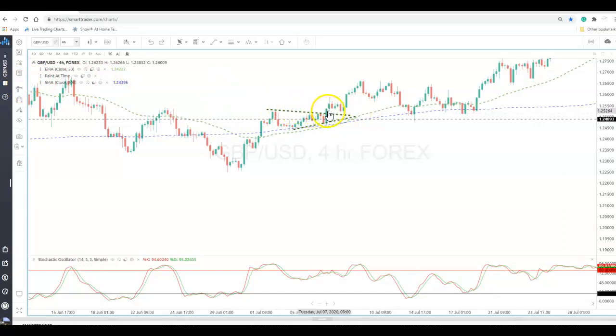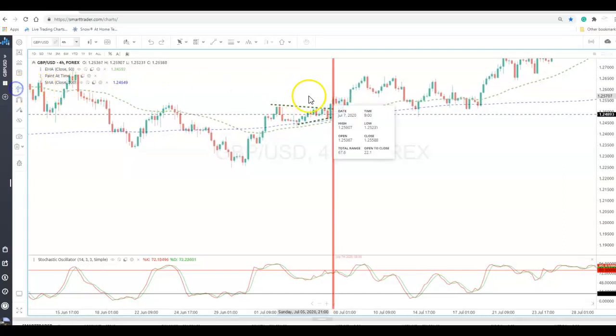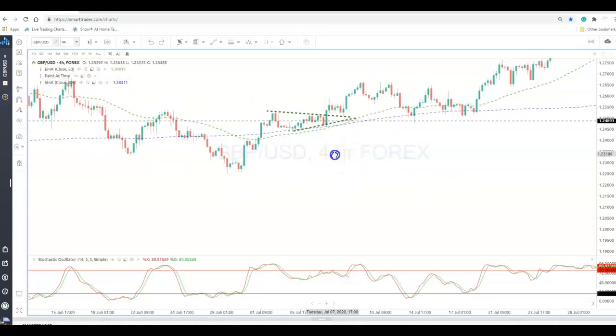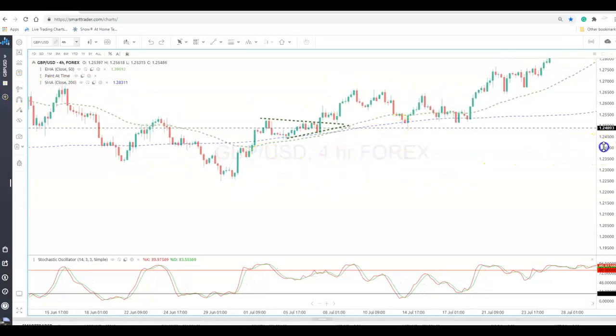When price breaks above the trend line, target 75 pips. It went up 124. We're not concerned how far it went up as long as it hit our target of 75 pips. Okay. Sorry if that was a little messy. I'm just doing this in real time and I'm not preparing.